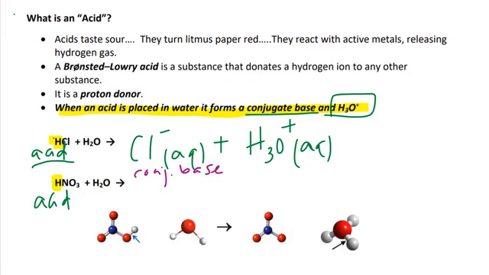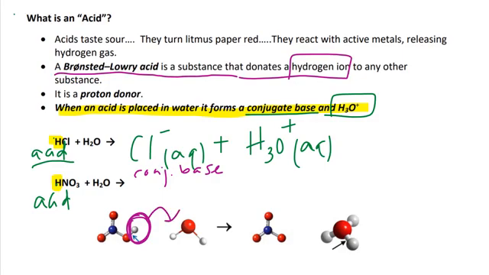And for my second example, we can see here HNO3. So here's my hydrogen. The other way to tell if it's an acid is if it donates a hydrogen ion to any other substance. So this hydrogen on my HNO3 is going to donate that hydrogen to water.